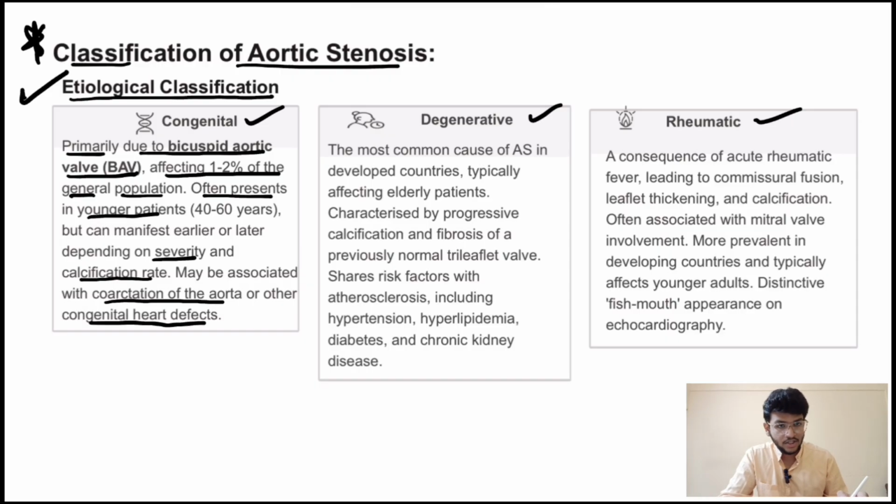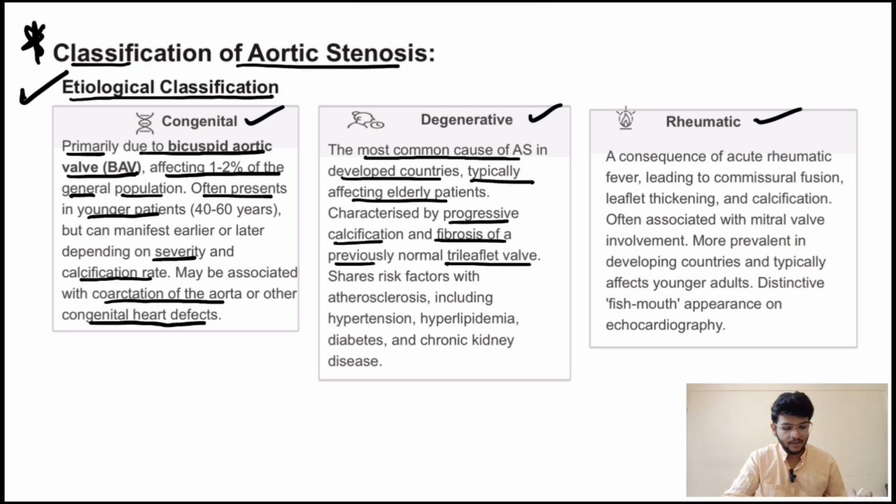The second one is the degenerative, wherein the most common cause of aortic stenosis in developed countries is the degenerative etiology, typically affecting elderly people, characterized by progressive calcification and fibrosis of the previously normal trileaflet valve.